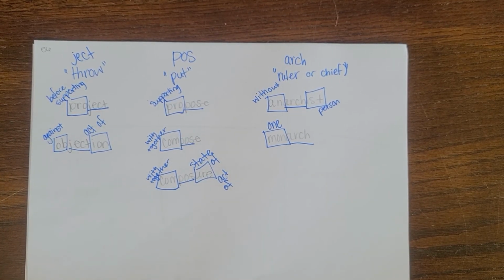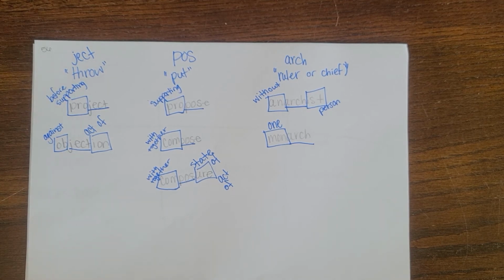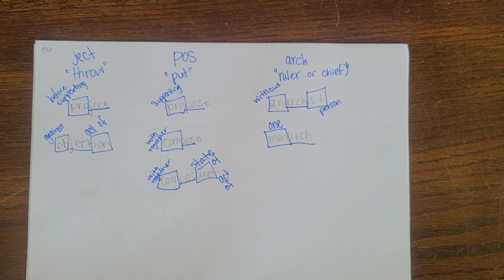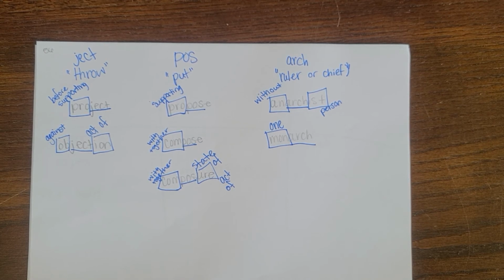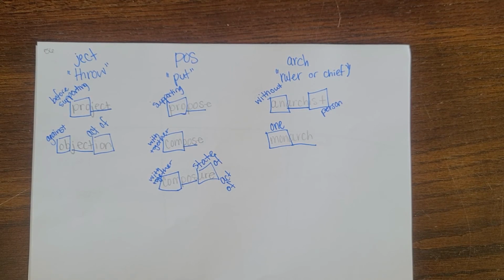All right, and so today you are going to play Snap, and each student will turn over a card with a word on it. If both contain the same word root, you can say Snap. It's basically Go Fish. You're looking for words that have the same word root.